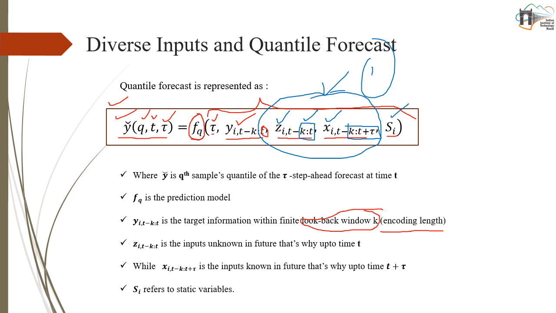So it basically summarizes how the model takes all these inputs, incorporates a relationship over them, and provides us with the quantile forecast for the time steps ahead that we need. So that's all about the diverse inputs and the quantile forecast of our TFT model.